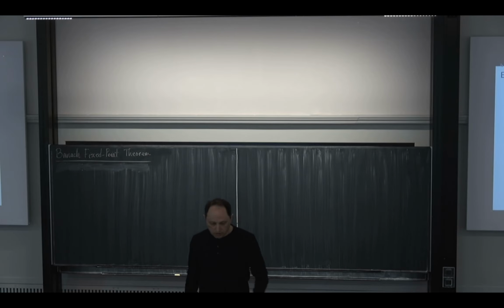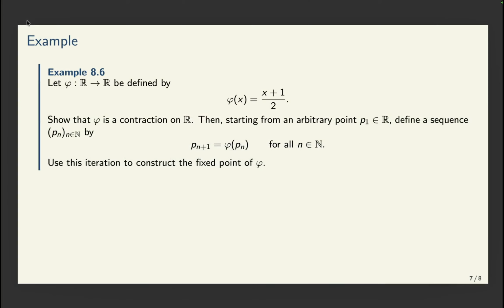Let us take, for example, this example as you see here. Every high school student can solve this in a matter of 1 second. But we want to do it the hard way. This is instructive because you see how it works. Here I have example 8.6.